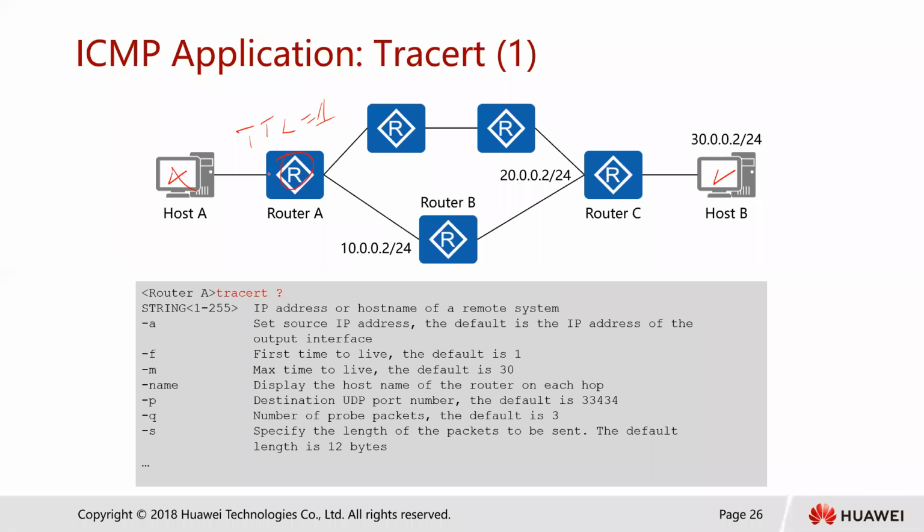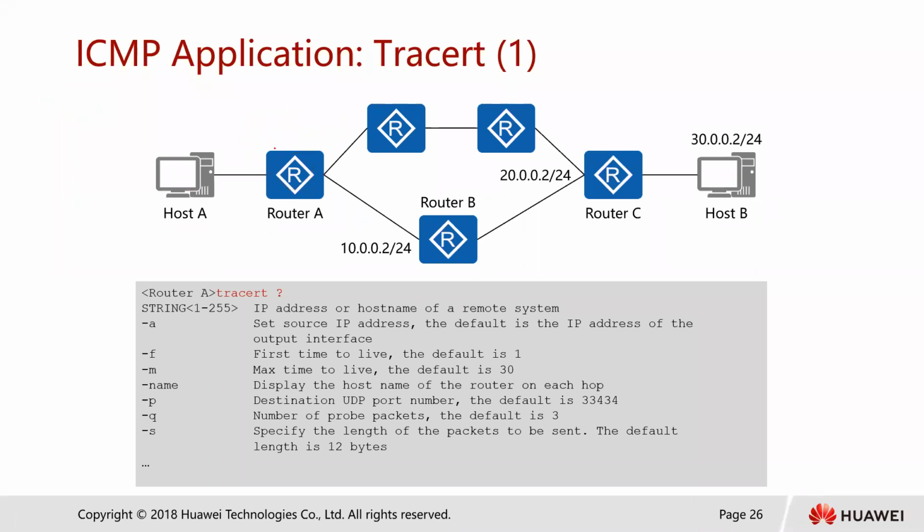So when the router receives the packet, remember, whenever our packets are forwarded, the time to live value in the IP header is decremented by 1.